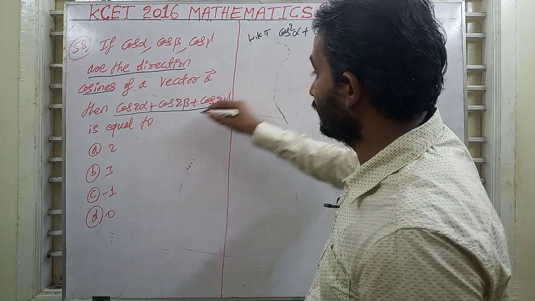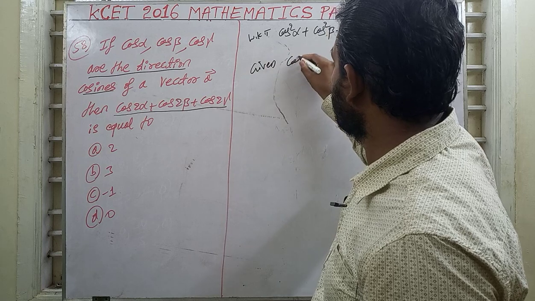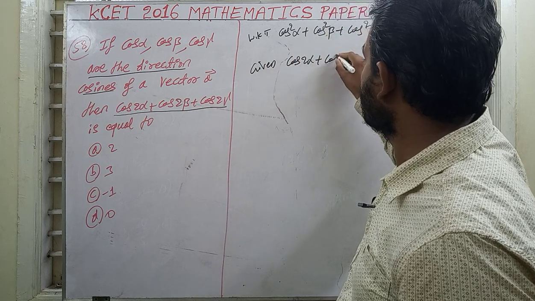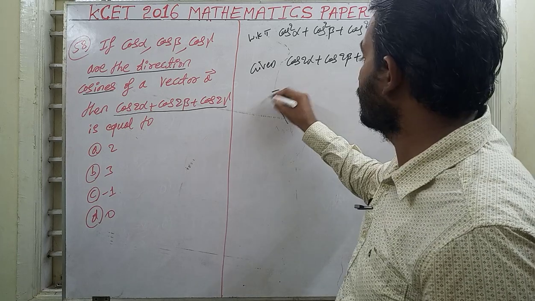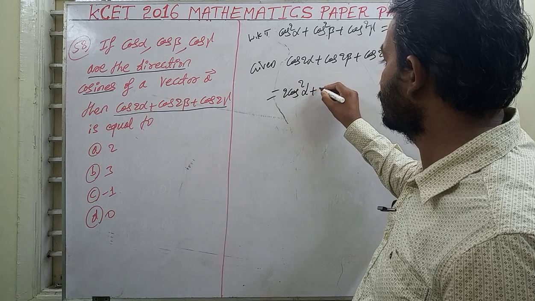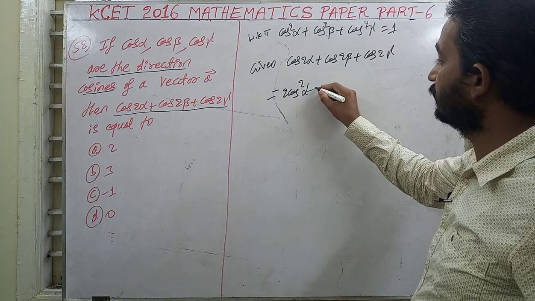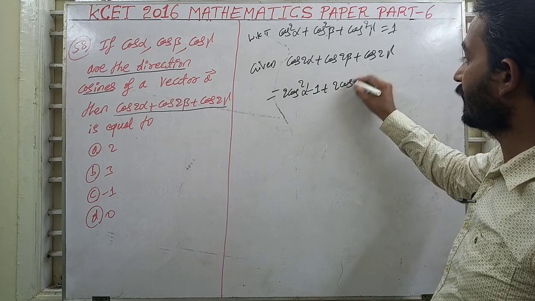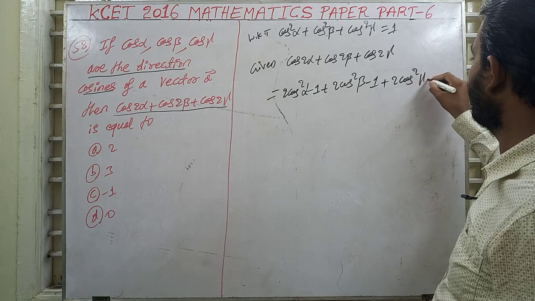So let us take the given condition. Cos 2 alpha plus cos 2 beta plus cos 2 gamma is equal to, cos 2 alpha can be written as 2 cos square alpha minus 1, plus 2 cos square beta minus 1, plus 2 cos square gamma minus 1.